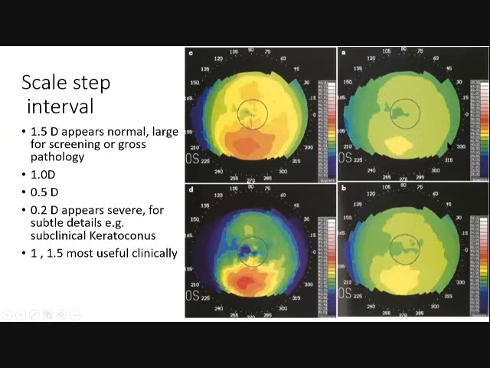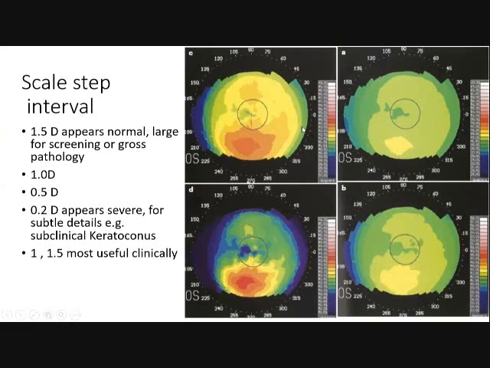You see here, the scale step interval is more, about 1.5 diopters. So you are not picking up any corneal astigmatism and corneal red color or steepening. But in this map, the corneal step scale is 1 diopter. So you are picking some detail, but not all.